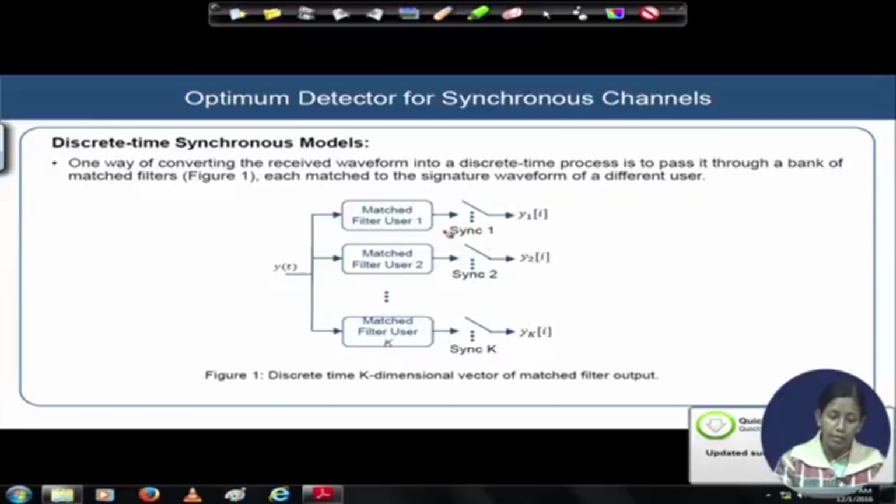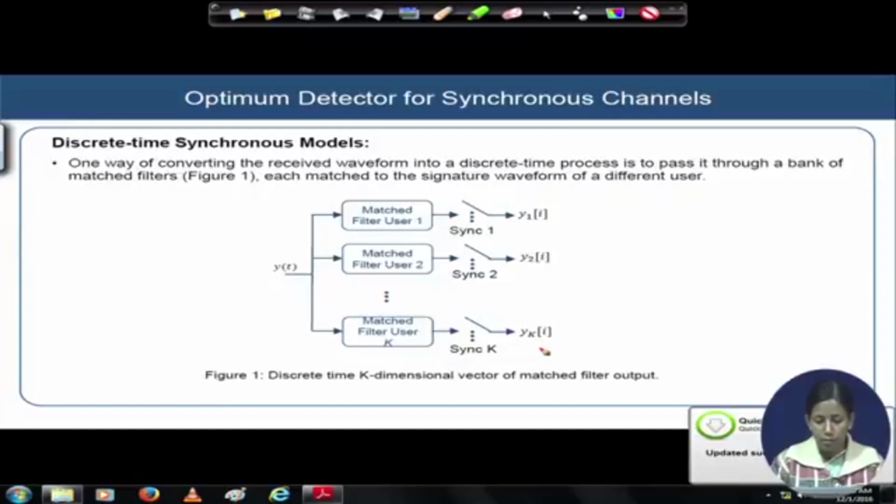As they are using the same bandwidth and most probably the same data rate, their sampling rate will also be the same. At the output of this bank of matched filters, you are going to get the vectors y1 to yk.